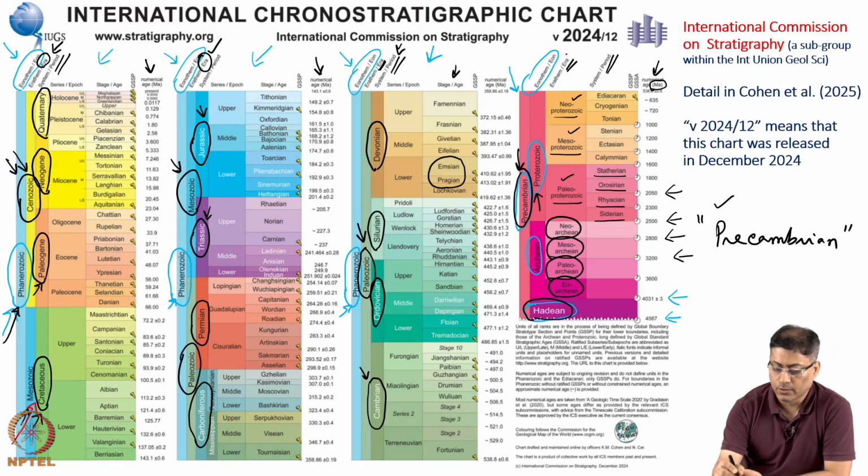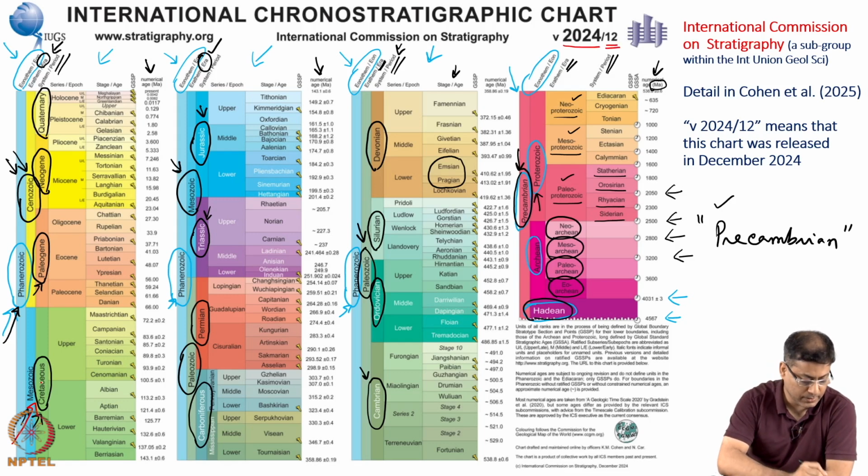As per the 2024 December version of the International Chronostratigraphic Chart, Cretaceous is divided into Lower Cretaceous and the Upper Cretaceous. So, Lower Cretaceous is an epoch and a part of Cretaceous period. Upper Cretaceous is an epoch and is a part of the Cretaceous period.